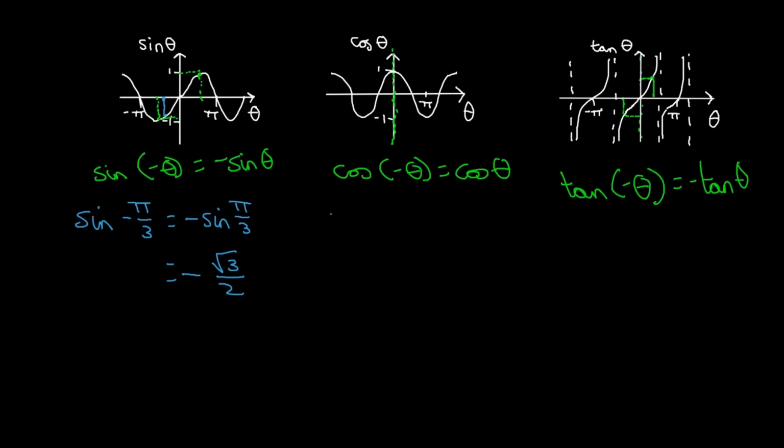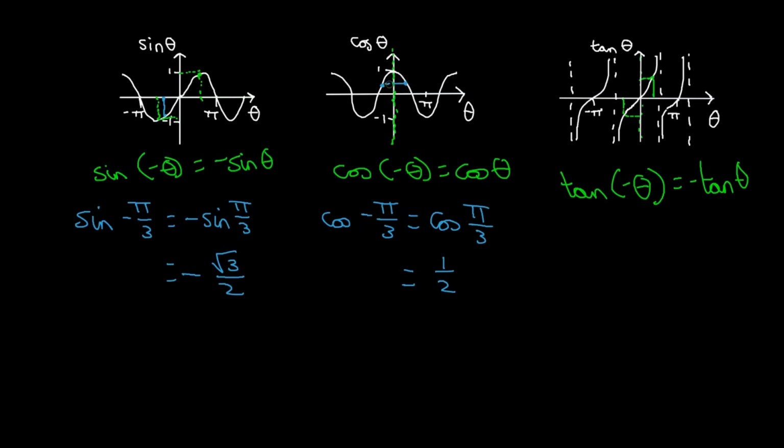So with the cosine, let's say cosine of negative pi over 3 is equal to cosine of pi over 3, which is equal to 1/2. This one was very simple because negative pi over 3 is about here or so, and pi over 3 is over here.